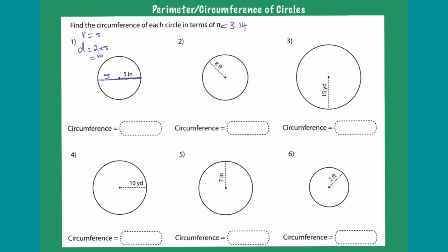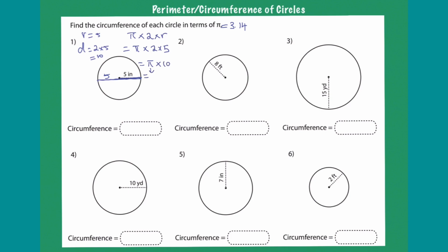So how do you find the perimeter of circles? It's very easy. All you have to do is pi times 2 times the radius. In this case, the radius is 5, so pi times 2 times 5. So you have to do pi times 10.